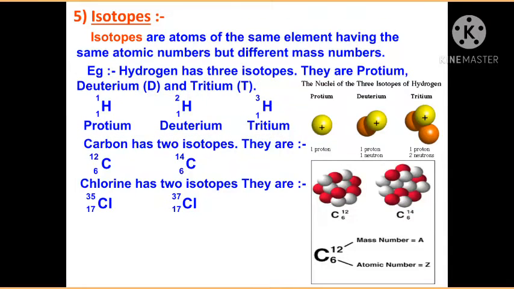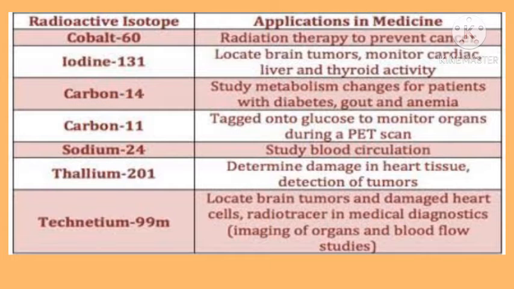Many elements consist of a mixture of isotopes. Each isotope of an element is a pure substance. The chemical properties of isotopes are similar, but their physical properties are different. Now, let us see the applications of isotopes, or where we use these isotopes.